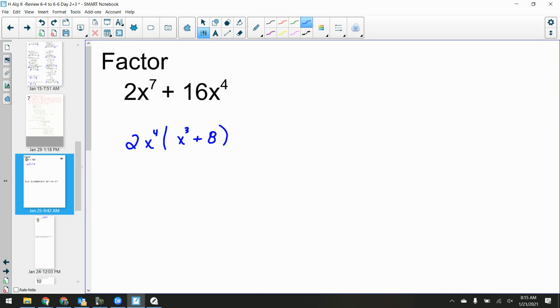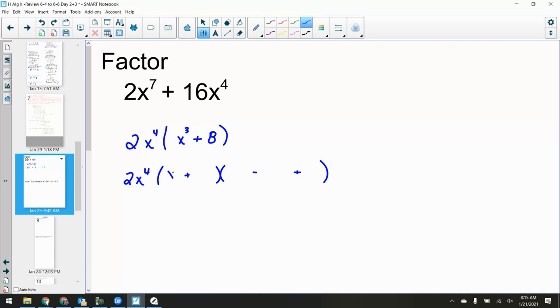Look at that. So we say 2x to the 4th. And then we got a binomial and a trinomial. Same, opposite, always positive.